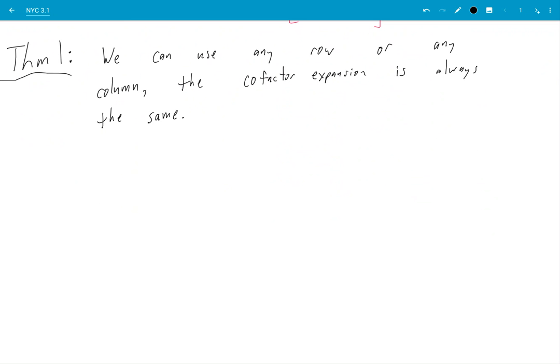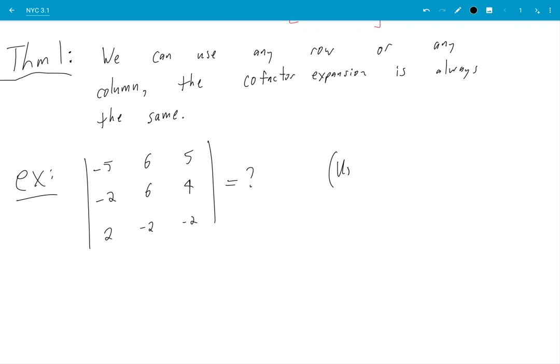So let's do an example. Let's do this determinant that we just did. Let's do it again. 5, 6, 5. So let's do this again, but now we're going to use the second column. Let's be more precise here.